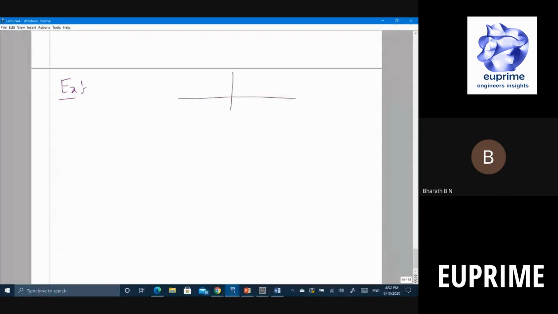It can take the values 1 and minus 1. The probability that it takes 1 is delta, and the probability of minus 1 is 1 minus delta. So what is the mean of this random variable?